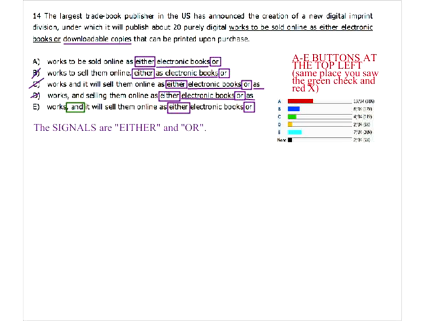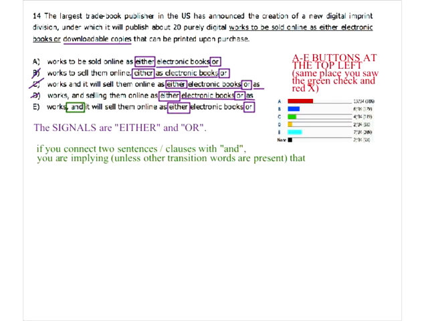If you connect two sentences, or clauses, with "and", then normally, unless other transition words are present, you are implying that these two ideas are independent of each other.